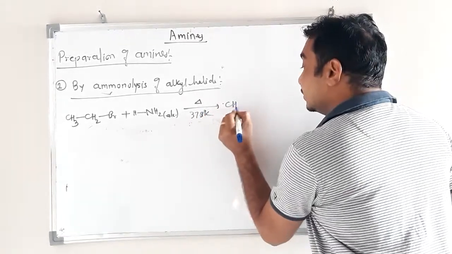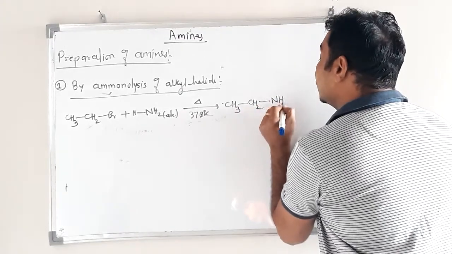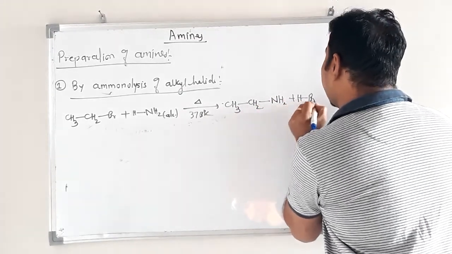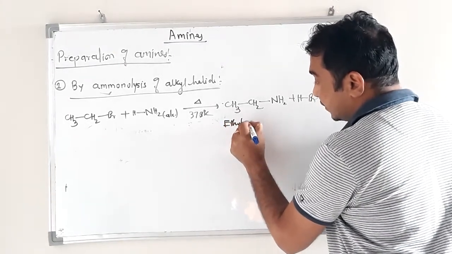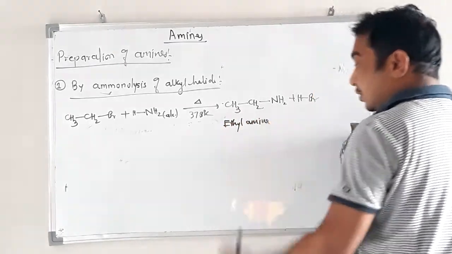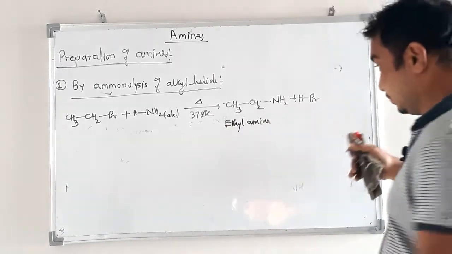Then you will get CH3CH2NH2 plus HBr, that is ethylamine. Ethylamine. What is the IUPAC name for this?